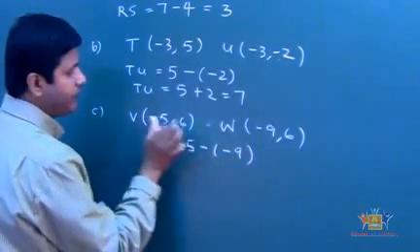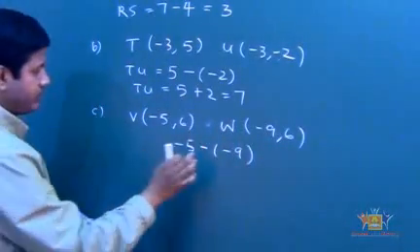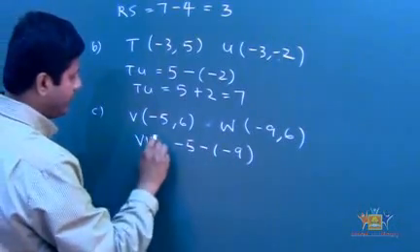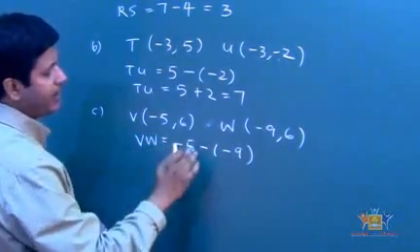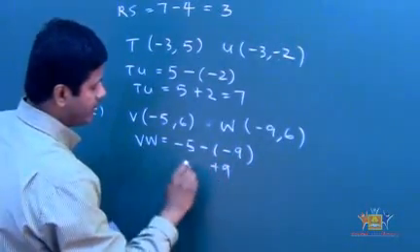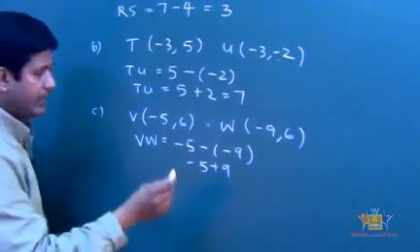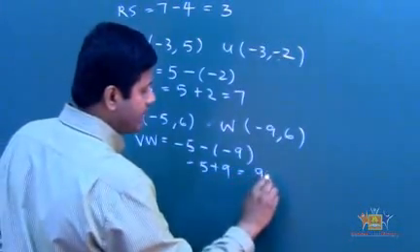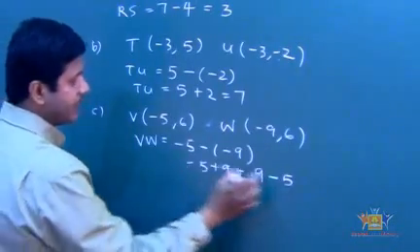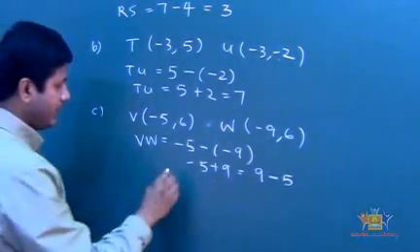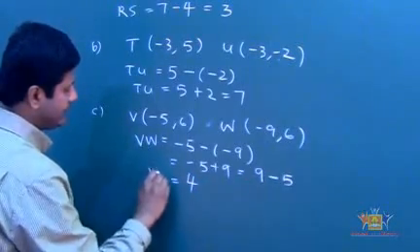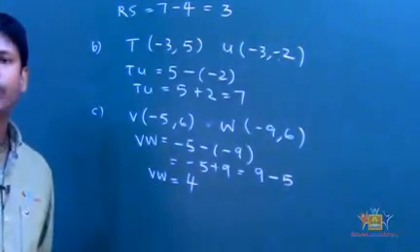You're taking the difference of two negative numbers, so make sure you maintain the negatives. The distance of VW is negative 5 minus negative 9. Negative, negative, positive, so it becomes negative 5 plus 9. This also means 9 minus 5. See, I can rearrange it, put the 9 first and negative 5 behind. Same thing. So 9 minus 5 is 4, and the distance of VW equals 4.